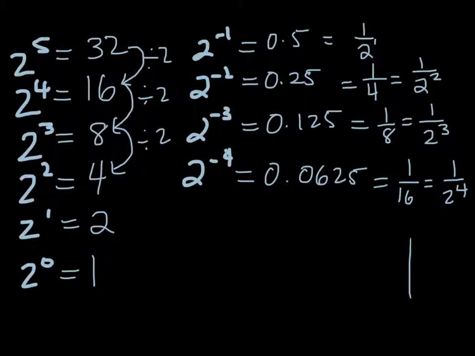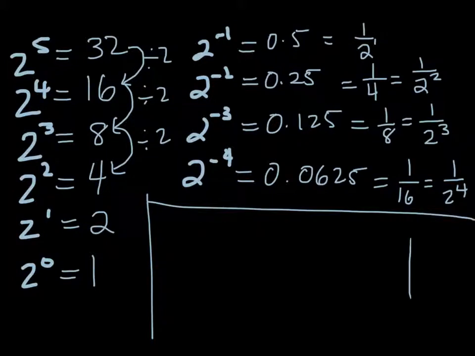Basically our beautiful rule is that if I have a base and the exponent is negative, it's just going to be the reciprocal, and it makes the exponent positive. Check that out with any base.